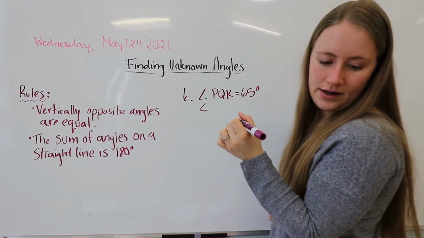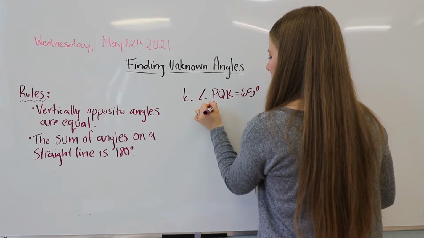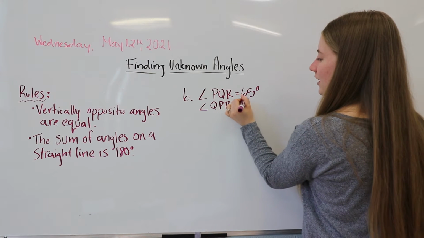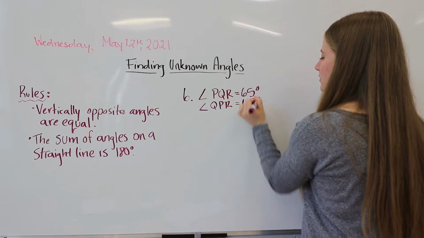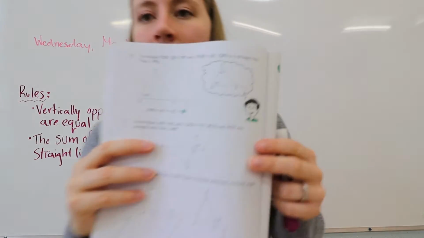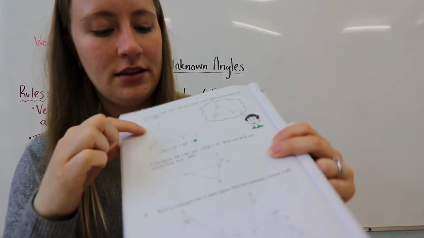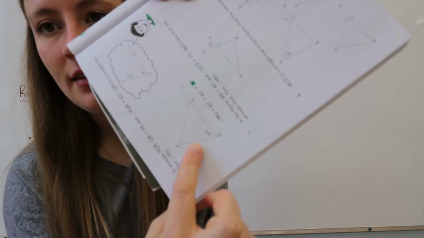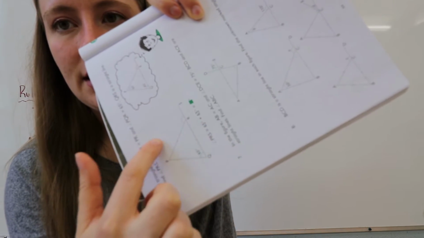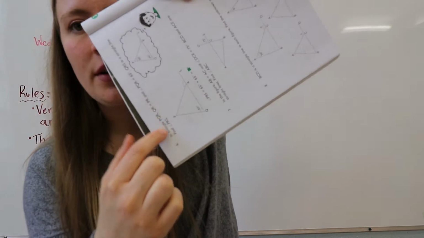But angle QPR is also 65 degrees because those two angles make up the pair of angles for our isosceles triangle. So it's like that's a matching set because those are our two equal sides.